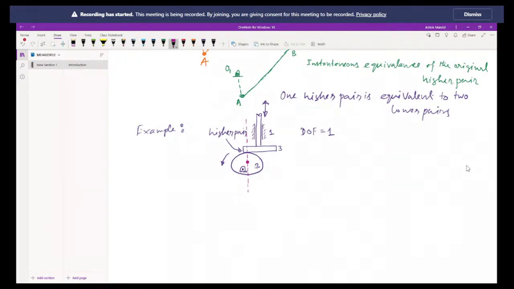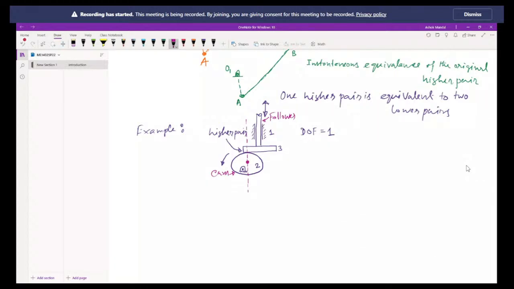This point is the center of curvature of this surface of the cam. This is called the cam and this is called the follower.